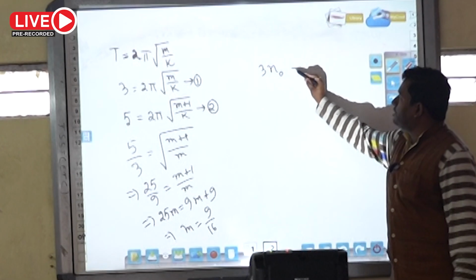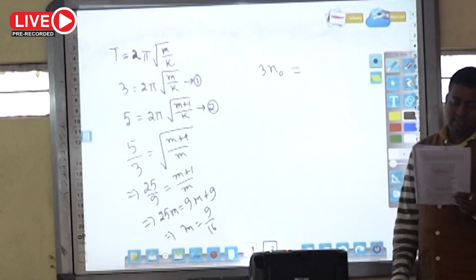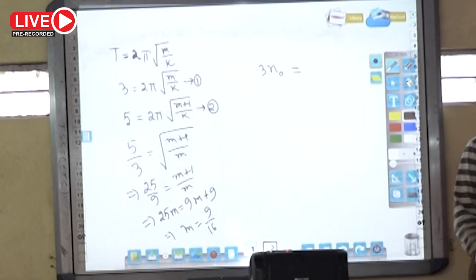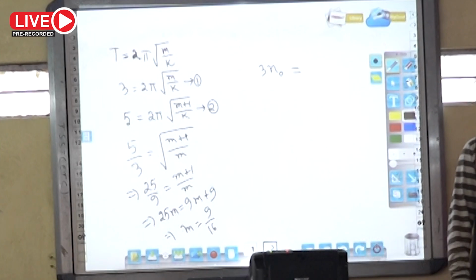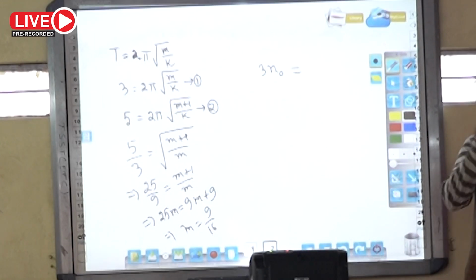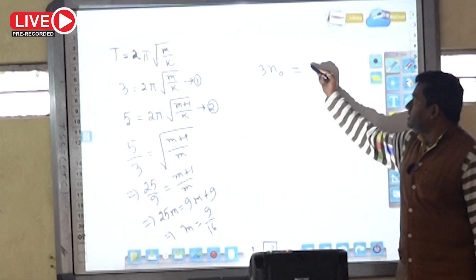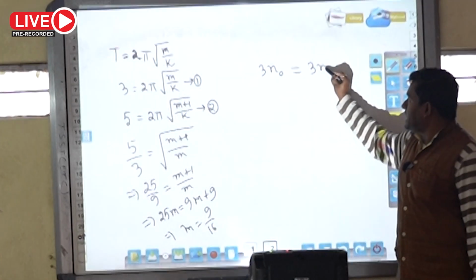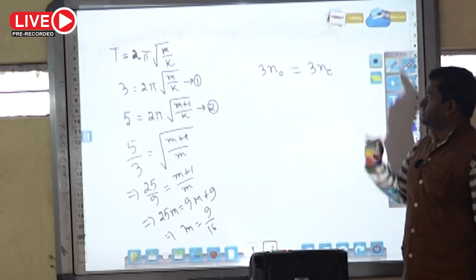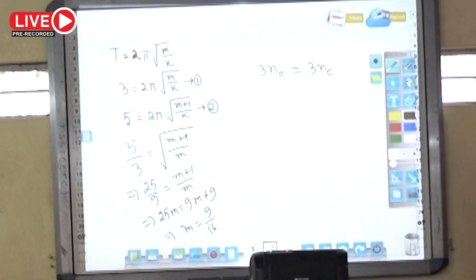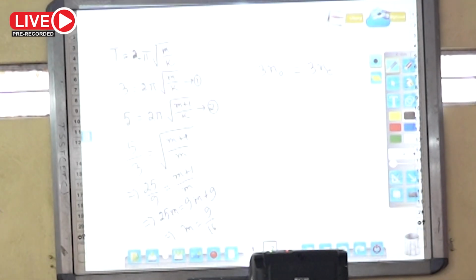Then it is equal to the first overtone of the closed pipe. In the closed pipe, the frequencies are n, then 3n. So again this is 3n for the closed pipe, because in the closed pipe only odd harmonics are present.